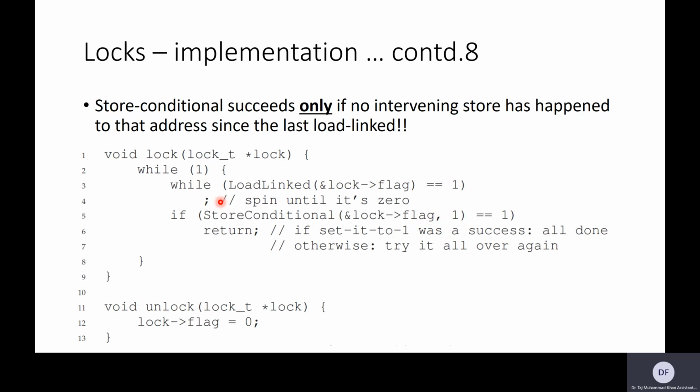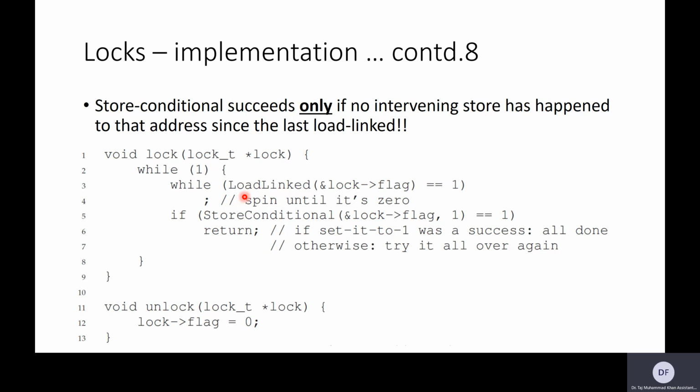So let's say that process releases the lock, so that thread will write 0 in flag. Our thread, which was waiting for the flag to become 0, will read the value of flag using load linked and now receive 0. It will see that 0 is not equal to 1, so it will break this waiting loop and come here.